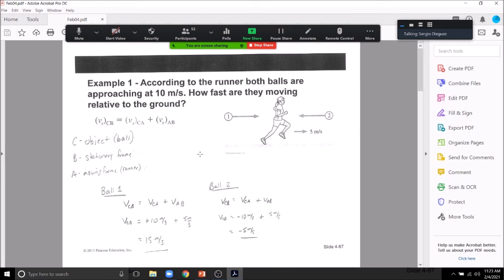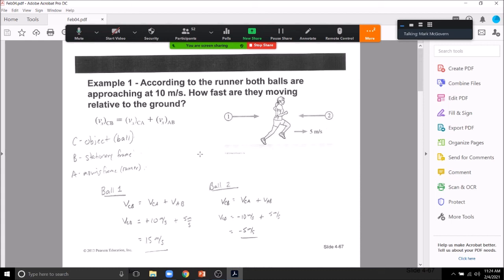Yeah, so the object is the ball and the moving frame is the runner. What is the stationary frame? That's just the ground. We just call that the ground. The ground is about as much of an absolute reference frame as one could possibly hope for.